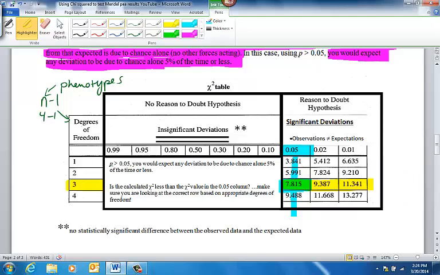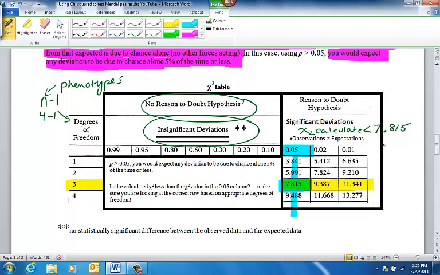So, if our chi-squared value that we calculate is less than 7.815 for this example, then there's insignificant deviation. We have no reason to doubt our null hypothesis, and our expected and our observed values are statistically equivalent.